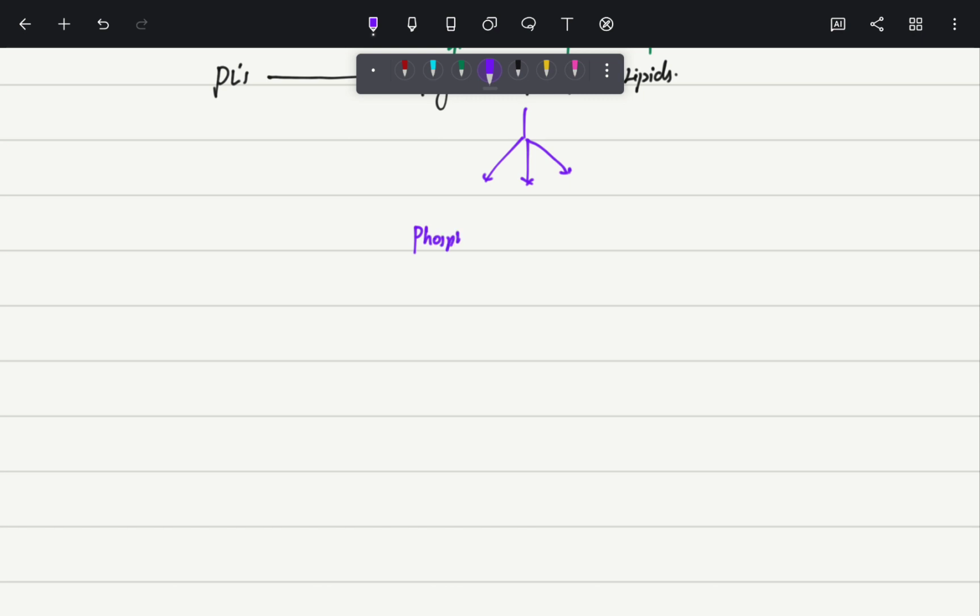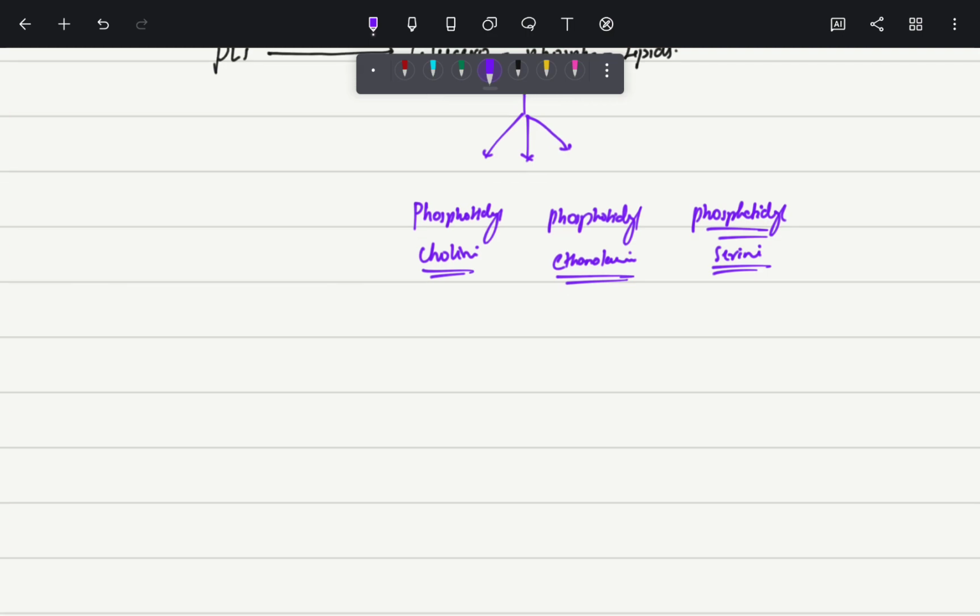phosphatidylcholine, phosphatidylethanolamine, and finally we have the phosphatidylserine. Now we have to draw the structures of these glycerophospholipids.